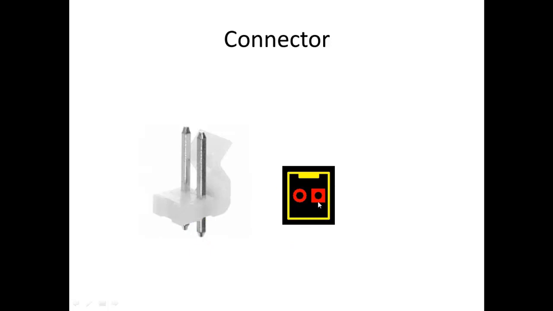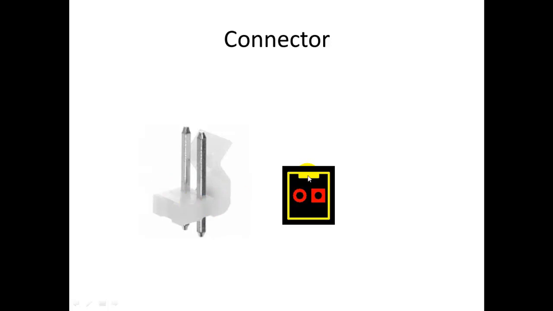Whenever you see a component which has multiple holes or annular rings, and one of them is square, that indicates pin number 1. So this is pin number 1, and it has to be matched to pin number 1 of the connector. Also, if you look at the silk screen here, notice that the outline is square, which represents this square plastic piece holding the two pins.